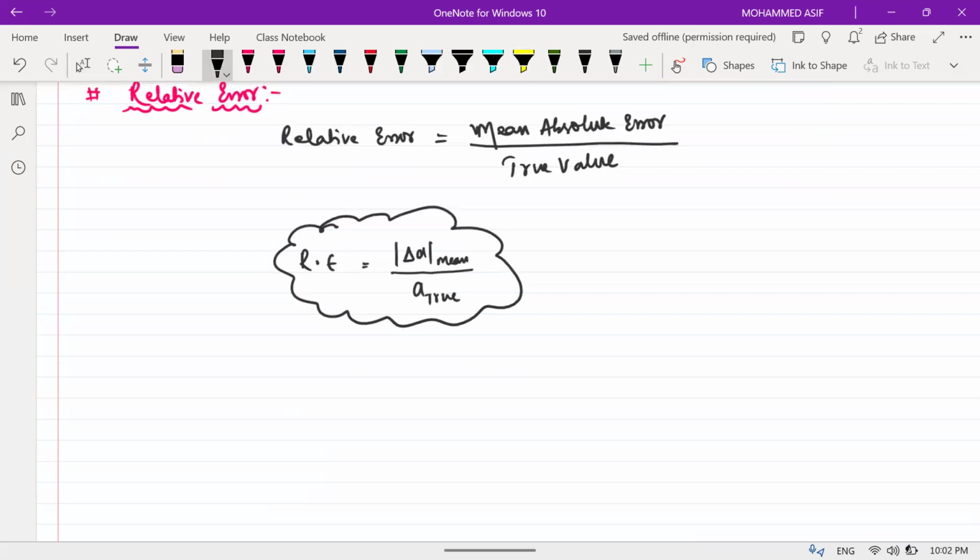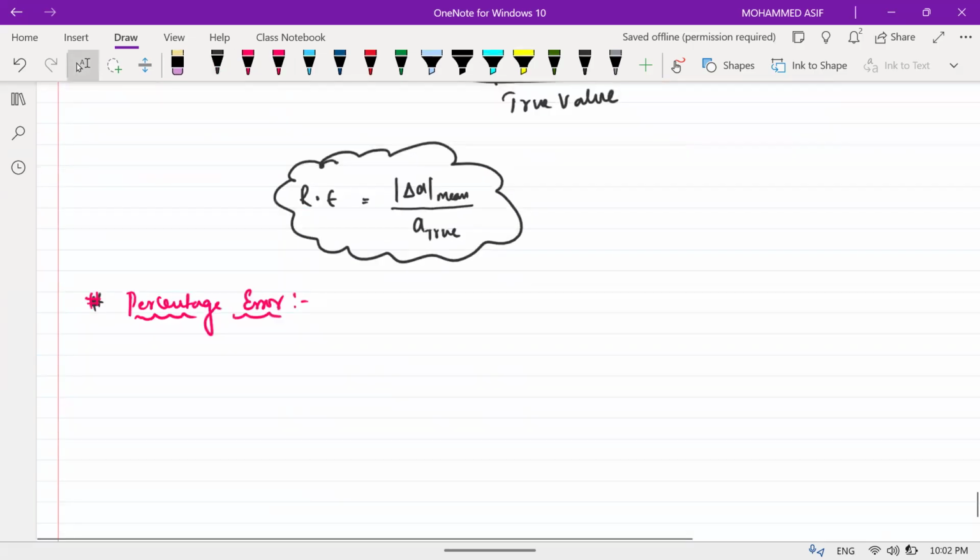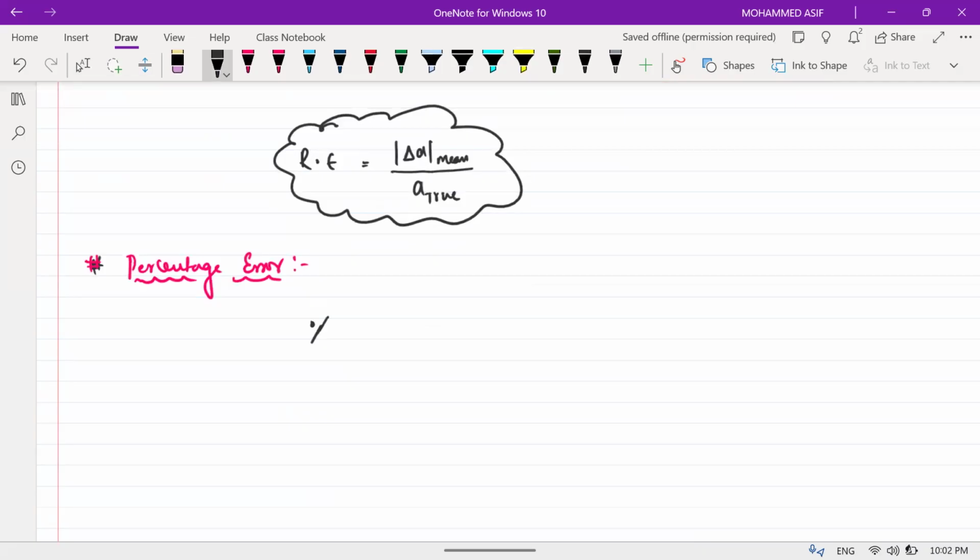Then next is percentage error. Percentage error is nothing but delta A mean divided by A true value, multiplied by 100%.